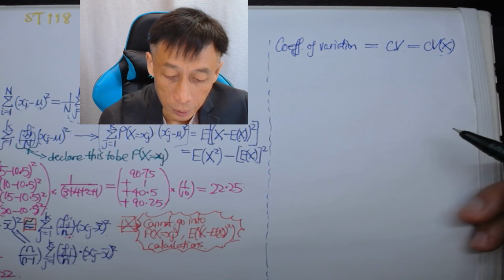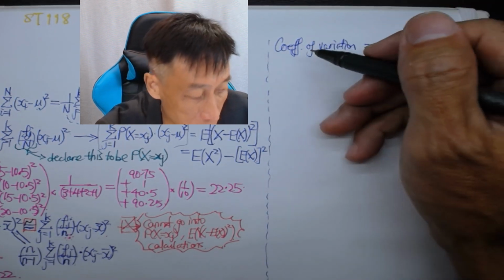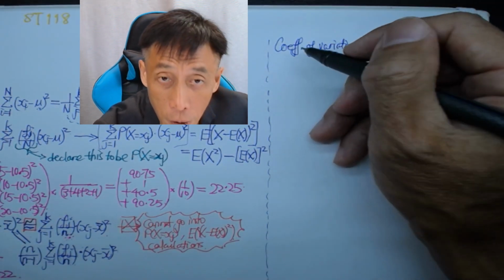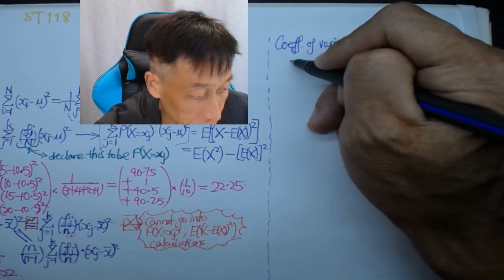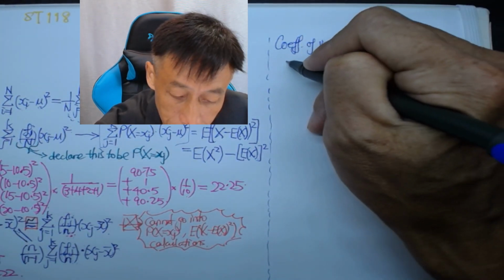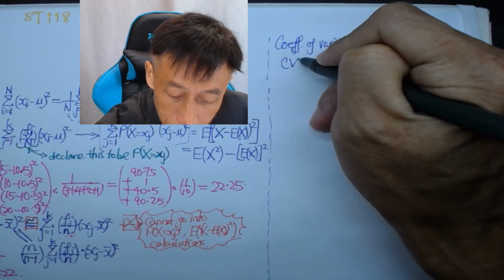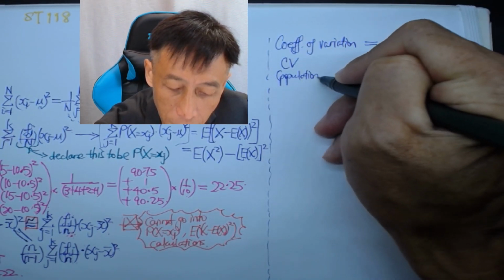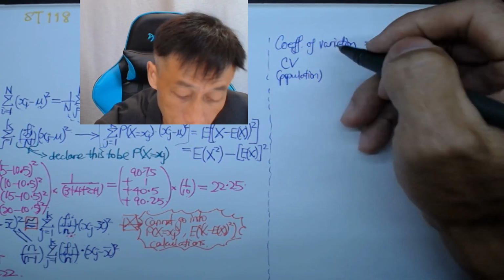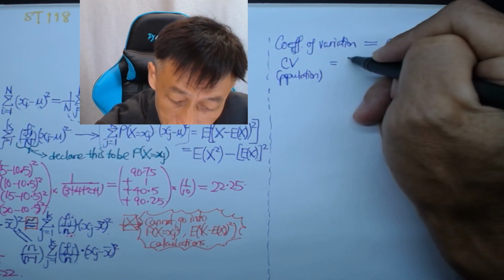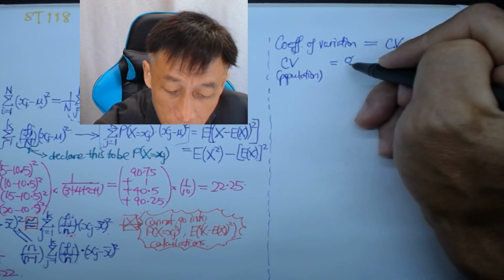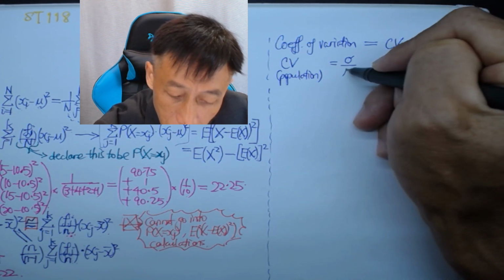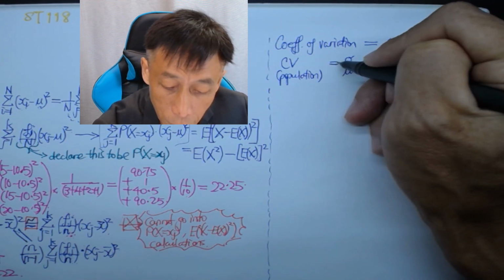And the way it goes is that the CV for population is defined as the standard deviation, population standard deviation per unit mean value.